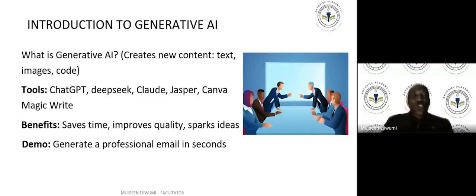Can you just suggest the type of business I can do, given that I have this amount? I have a structure on the ground, I have this land in place. Don't be surprised, it's going to give you a wonderful business idea that you can do. Generative AI is not limited. It all depends on the type of prompt you give it and you are going to get your result.